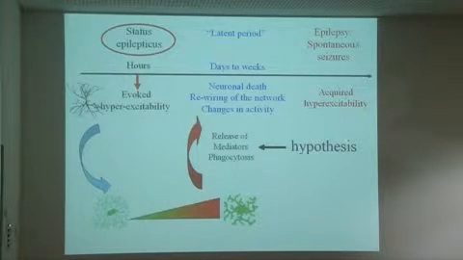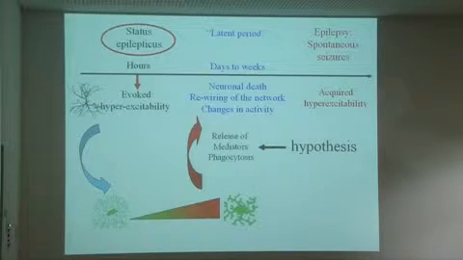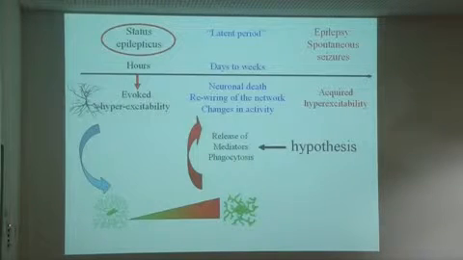So our working hypothesis is that the activation of microglial cells, by releasing different types of mediators, by phagocytosis, by going around the neurons, can in fact change the network properties. We have not yet identified those mediators.